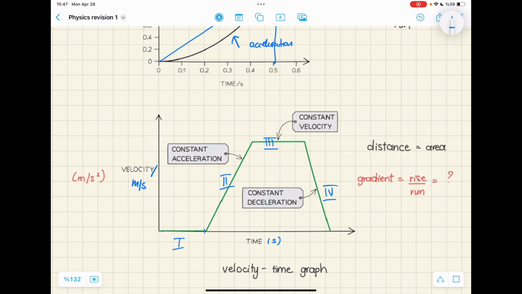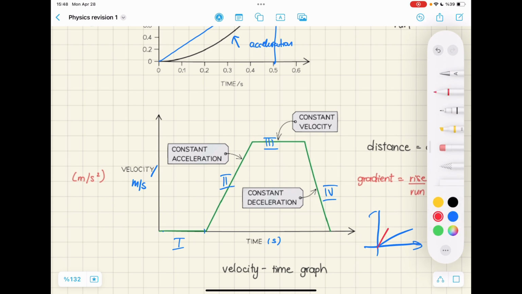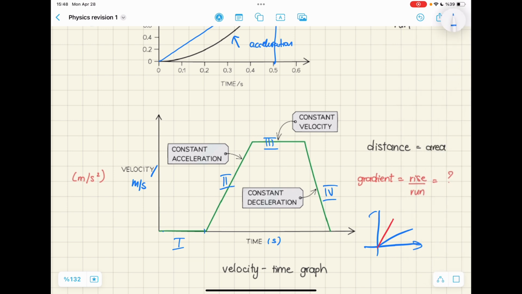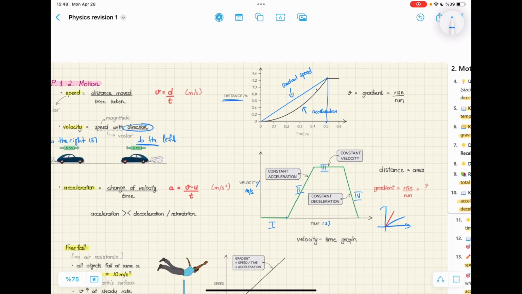This means that an object represented by this graph is decelerating faster than it is accelerating. So the higher the slope, if I would ask which one of these slopes is representing higher acceleration, although both of them are constant, you would say it is the one in red because the slope is steeper.